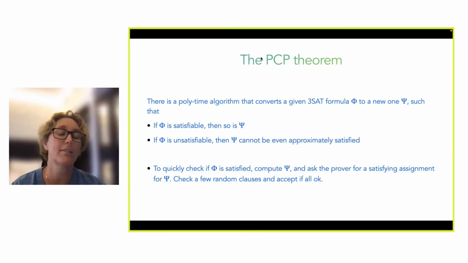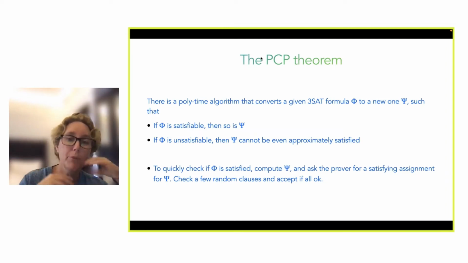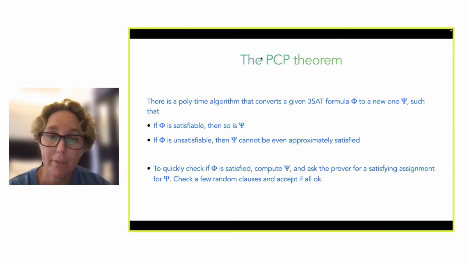So now, if I want a proof that phi is satisfiable, and I want a PCP proof, one that you can check very quickly, what I will do as a polynomial time verifier is compute psi and ask the prover not to give me an assignment for phi, but to give me an assignment for psi.